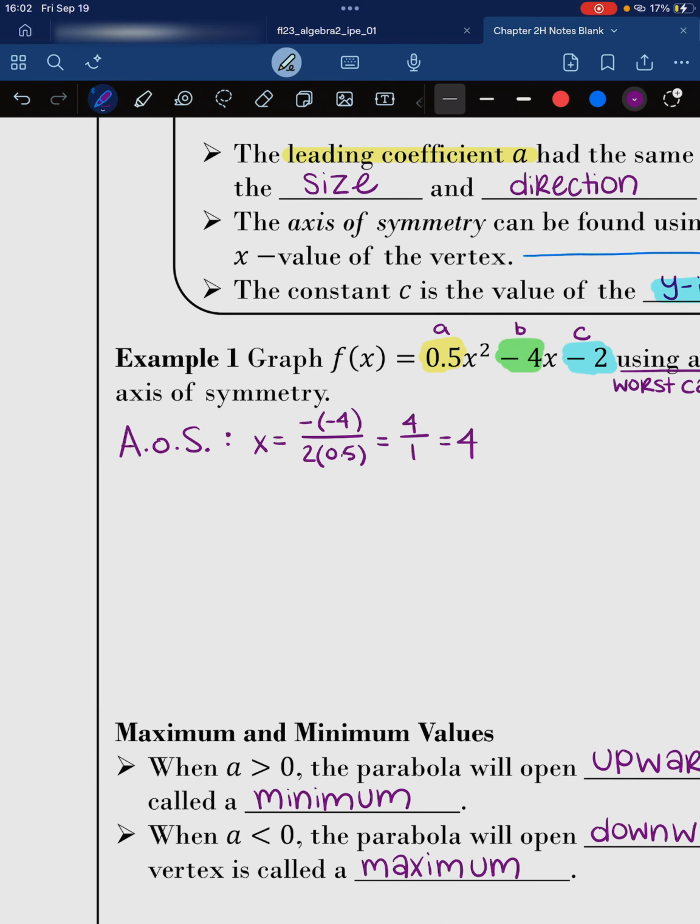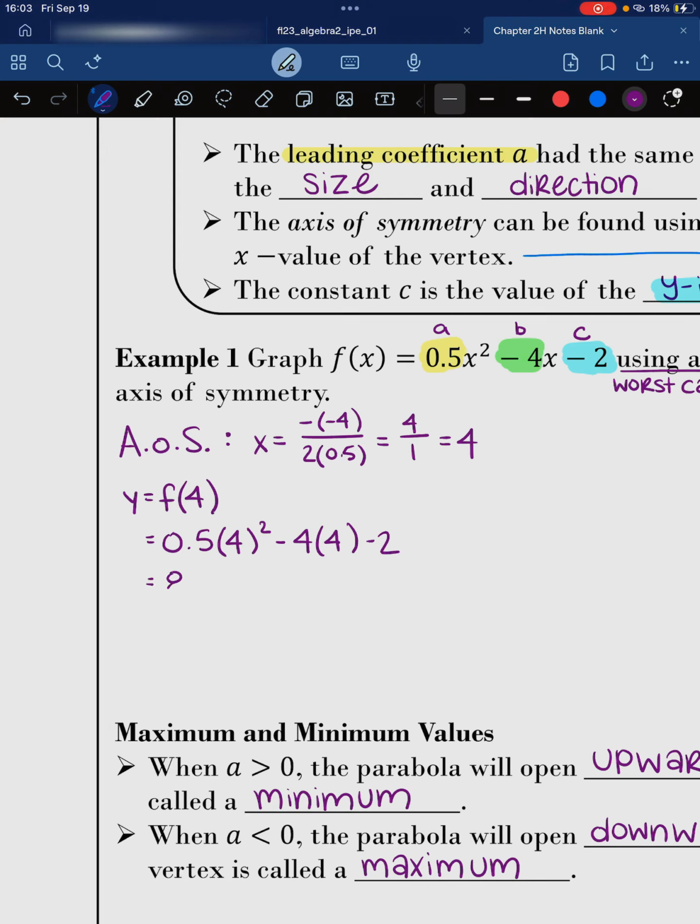We also need to find the y value of my vertex. So that y value of my vertex is going to be plugging 4 into my function. So let's go ahead and see what that looks like. 0.5 times 4 squared minus 4 times 4 minus 2.